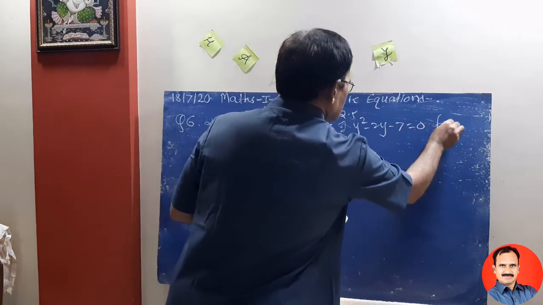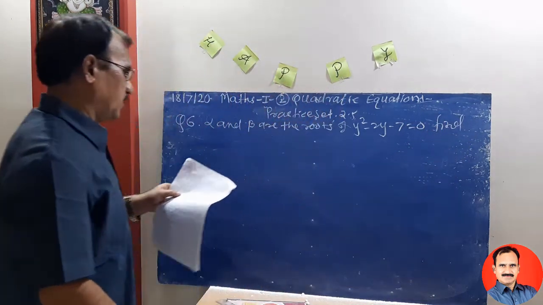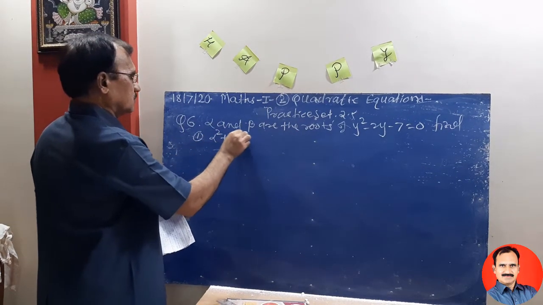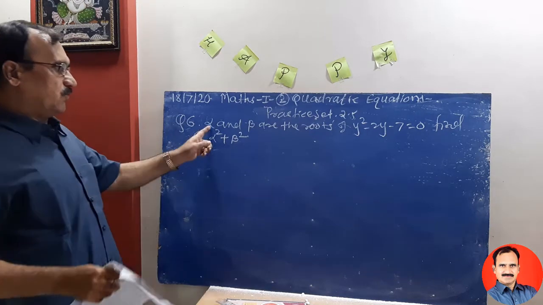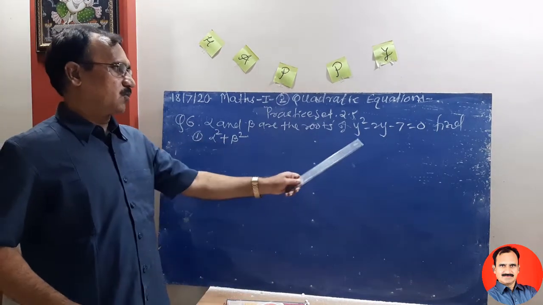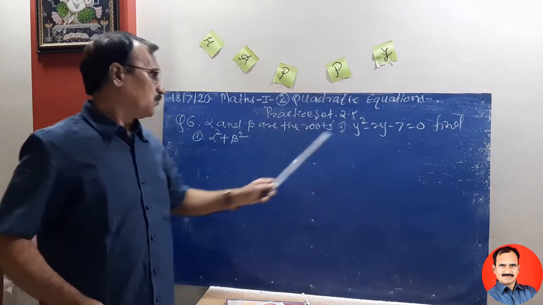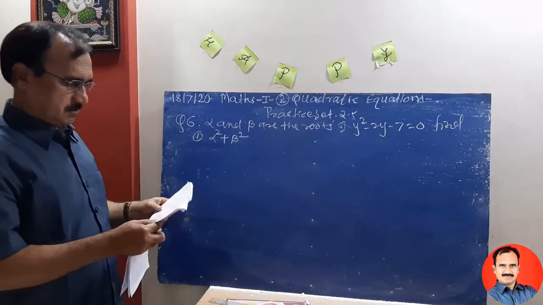Find alpha square plus beta square. Alpha and beta are the roots of quadratic equation y square minus 2y minus 7 is equal to 0. Find alpha square plus beta square.